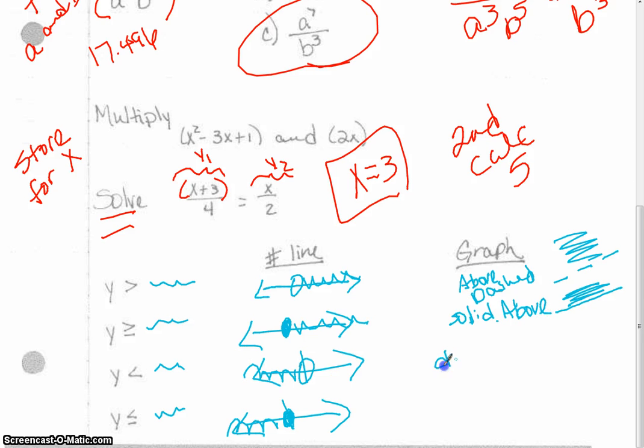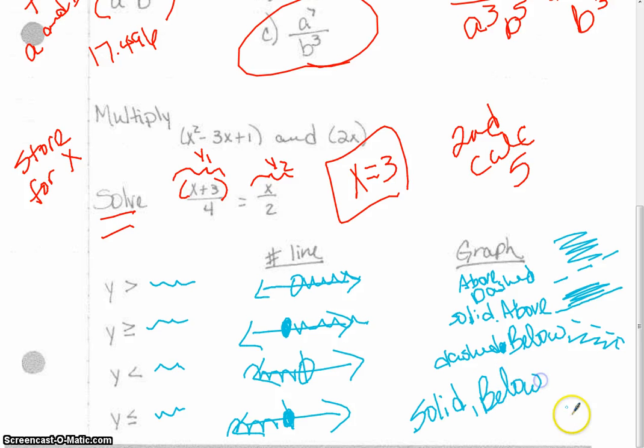Less than is going to be dashed, and below. So if this was your line, it would look something like that. And then less than or equal to is solid and below.